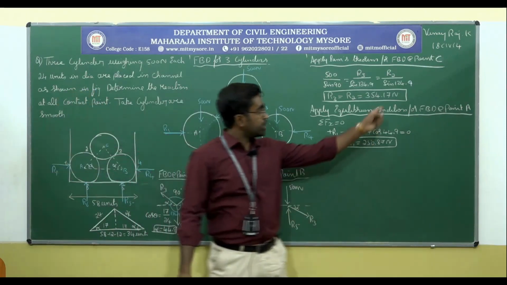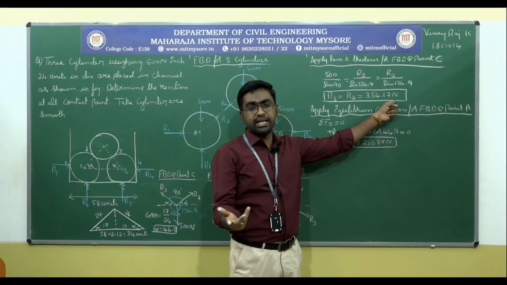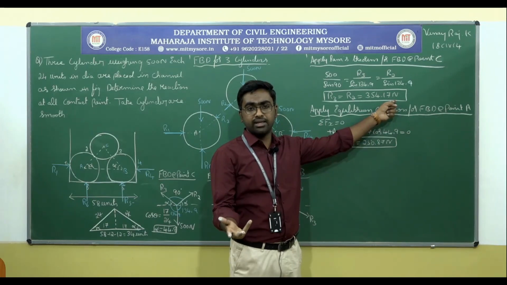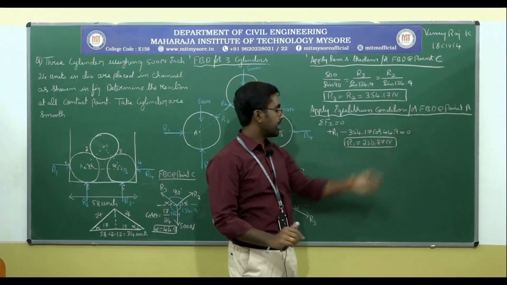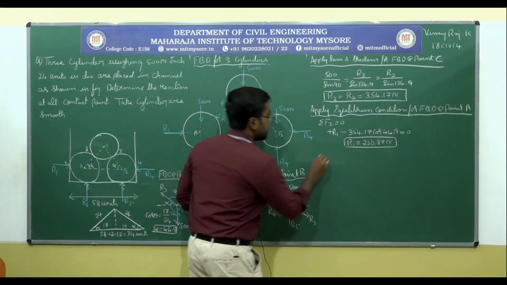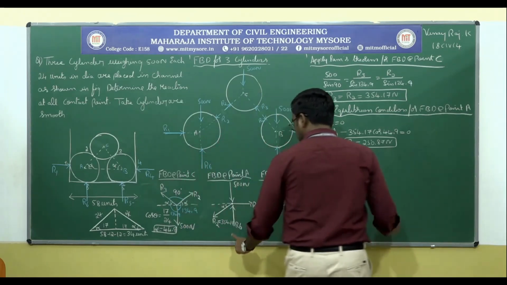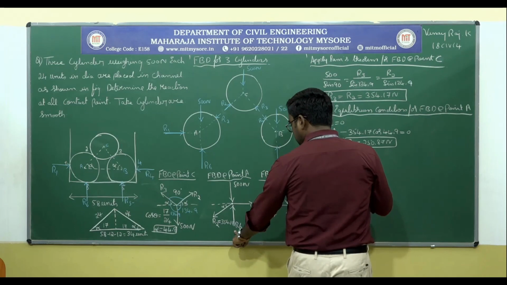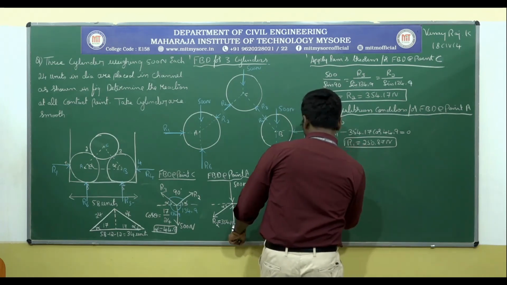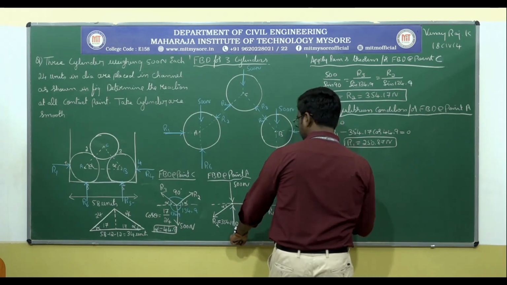See, in the question they have mentioned the unit as units itself. So here you can write units or you can choose any unit like Newton. That is the reason why I am writing Newton here. Okay. Next, let me apply summation of Fy is equal to 0. Starting from here, there are three vertical forces. The first one is plus R6.